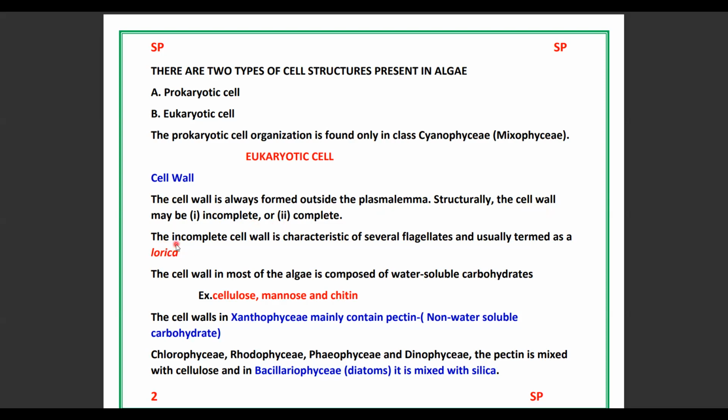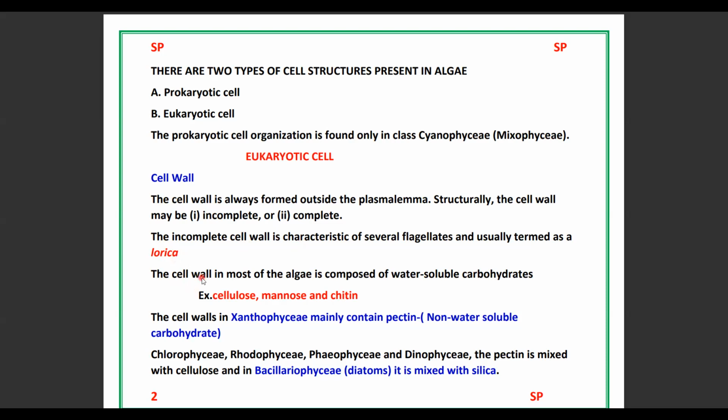The incomplete cell wall is the characteristic of several flagellates and usually termed as lorica. So an organism that does not contain a complete cell wall is simply known as lorica.